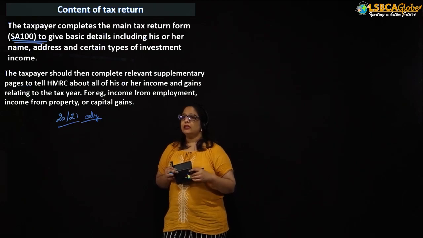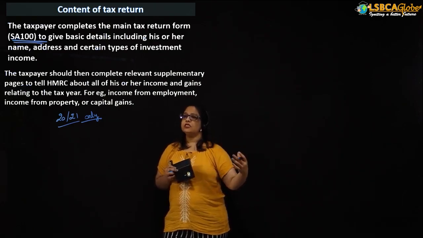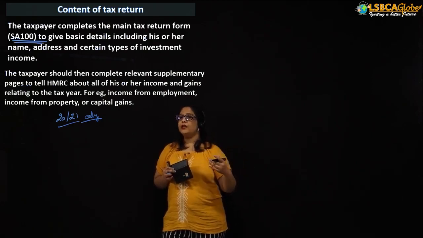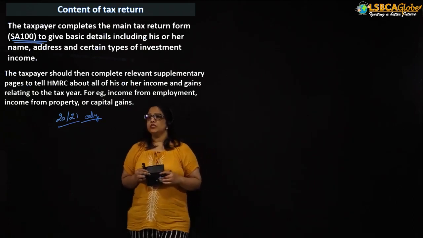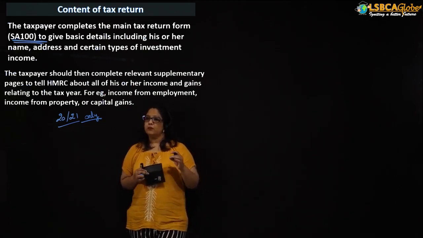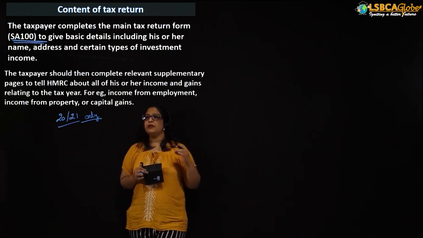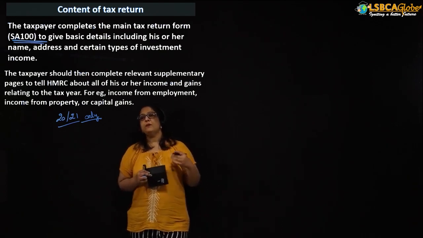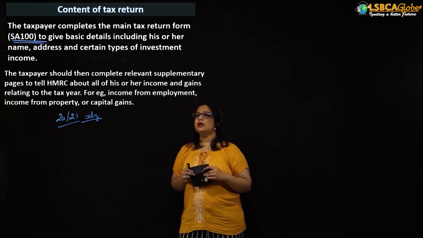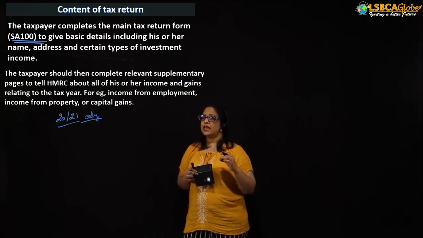Then the further pages will depend upon the status of the person, whether he is an employee, a sole trader, or in a partnership. So whatever supplementary pages are added depends upon, class, the income and gains he is having.